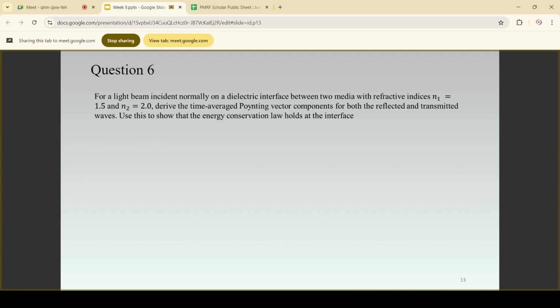The transmittance will be 4 into 1.5 into 2 over 1.5 plus 2 squared. We can just check it out.